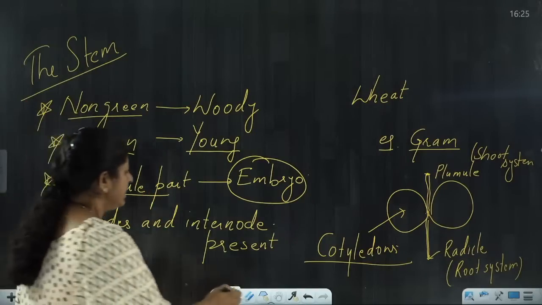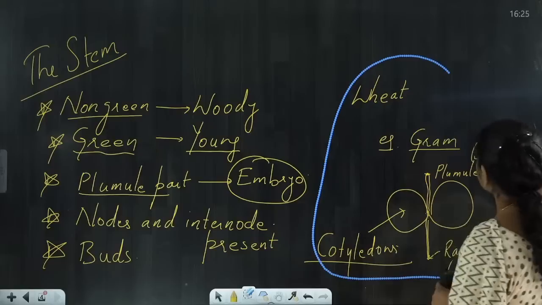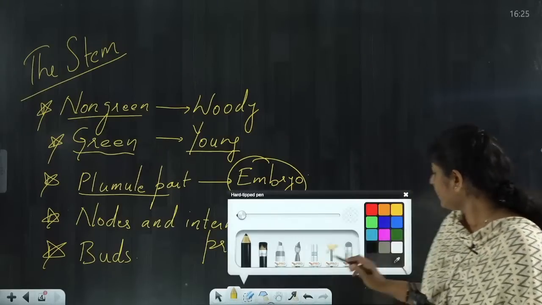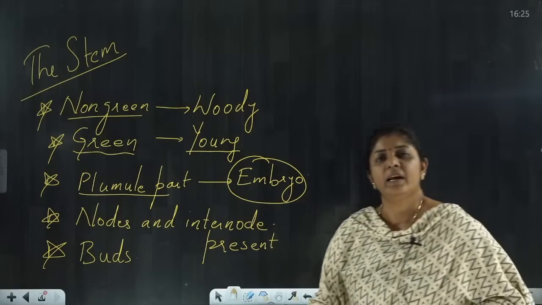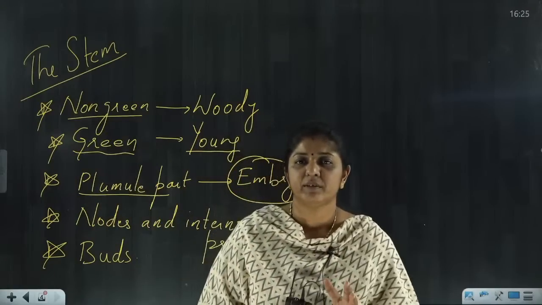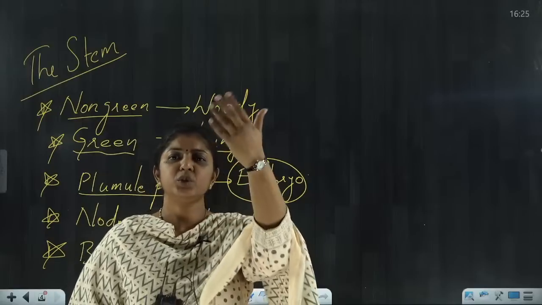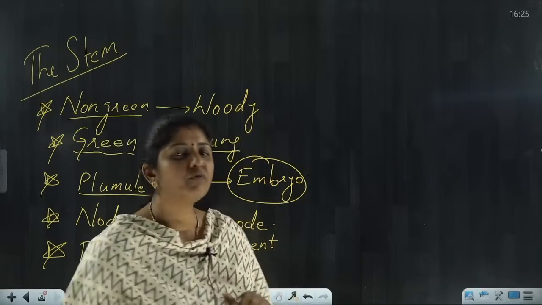Fine. Now let's see what is the main role of the stem. What is the function of the stem? Have you seen the main stem spreading out into many branches and conducting water and minerals from the soil to the aerial parts? Those are the two main functions.